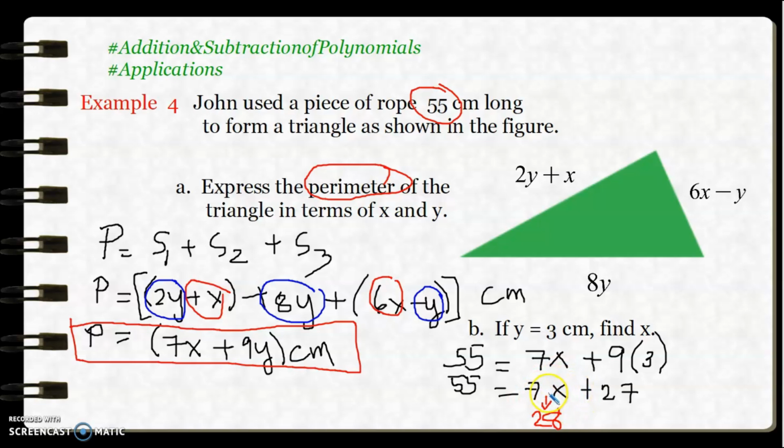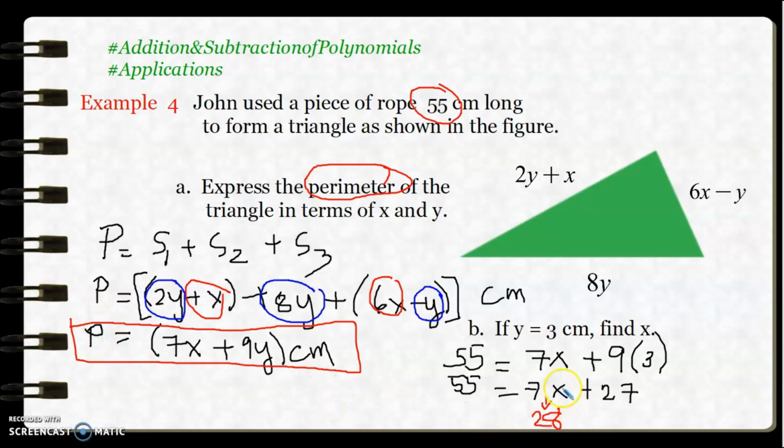Okay? But we know that in the term 7x, the operation involved is multiplication. So, it's 7 times what number equals 28. And upon checking our multiplication table, 7 times 4 is 28.